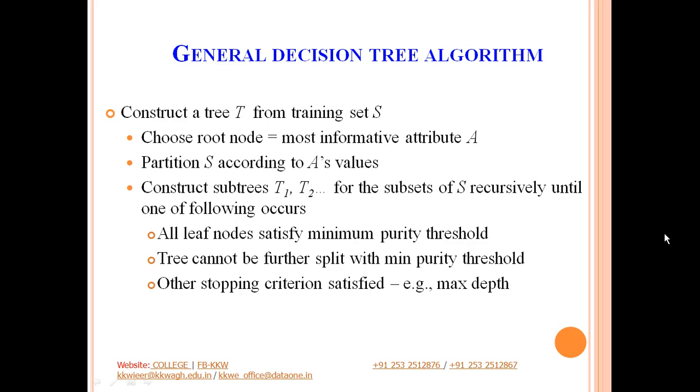One more stopping criterion is that you have reached some maximum depth. Let us say I don't want to construct a tree with depth more than 10. If I set my threshold to 10 and reach that depth, I have to stop. So this is a general decision tree construction algorithm.